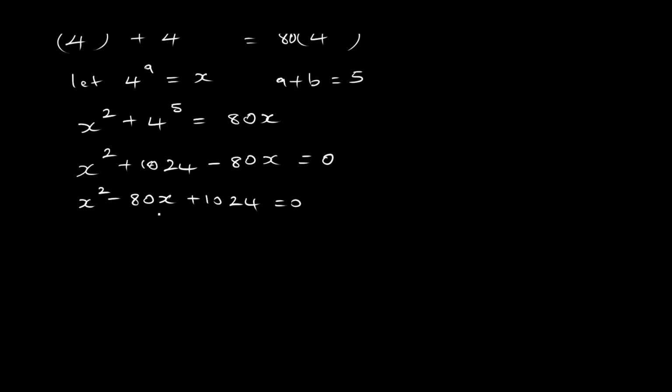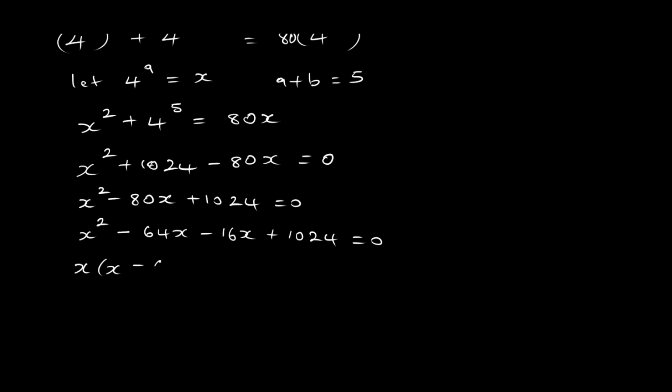By factorizing or using the AC method, we could actually break apart this quadratic equation. We could say that x squared, this would be 16 times 64, yes, so negative 64x minus 16x plus 1024 is equal to 0. So let's factor out x.